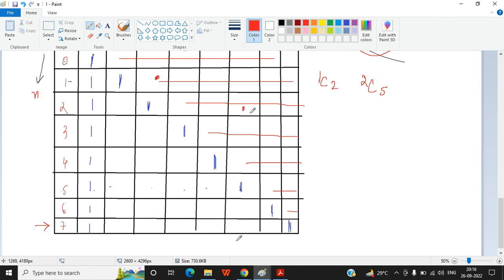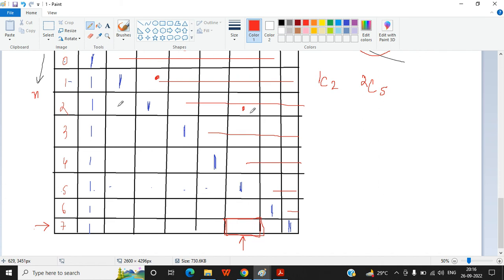The cross section means you need the item in this cell. They have asked you to get the value of this cell. Up to this is okay? Now we will find something amazing. It's very simple.